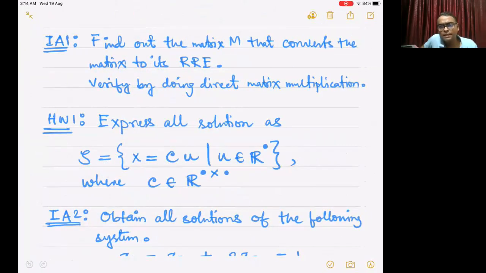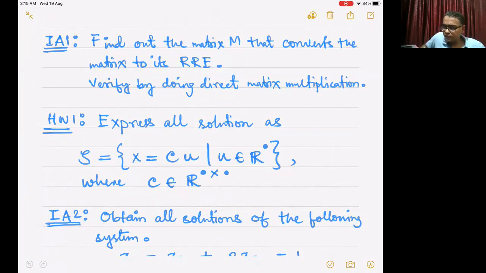Like our immediate attention problems and our homework problems. You know the definition. Immediate attention means that you have to do it right now before you move on to module number 2. Homework is something that can take some time. So look at this first immediate attention problem, the problem that we just solved.